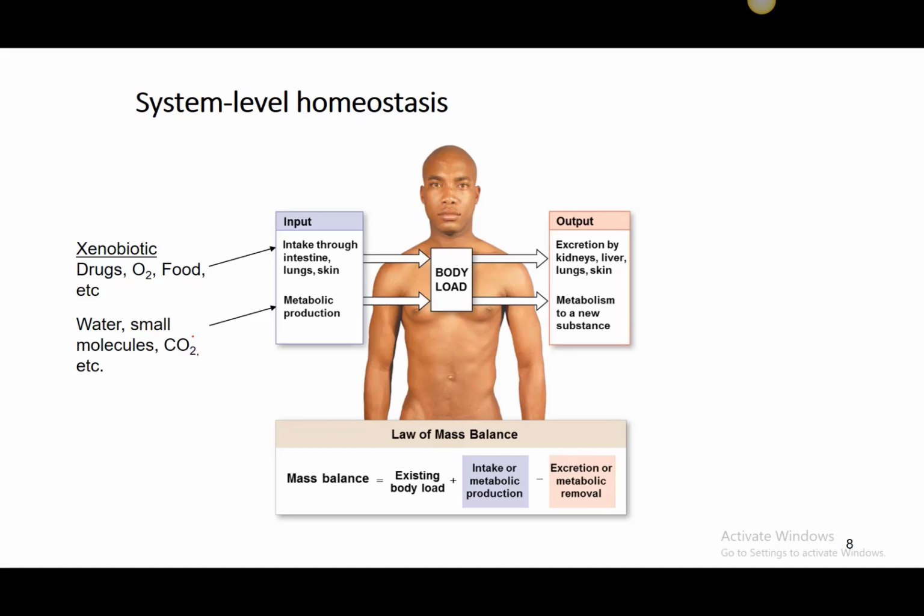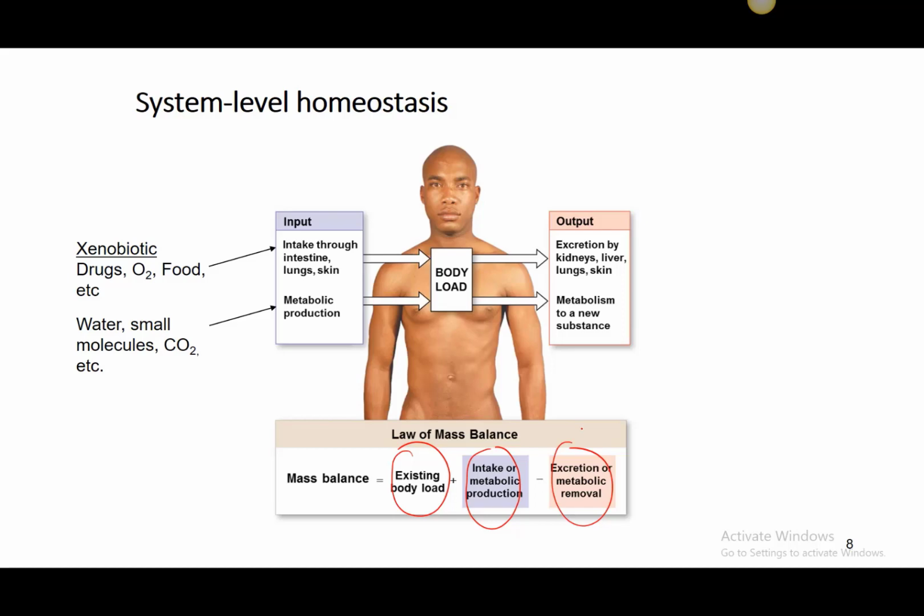What is the law of mass balance? In an adult, if the amount of a substance in the body is to remain constant, the existing body load must be maintained constant after growing up. Any gain must be offset by an equal loss. The intake should equal the output.